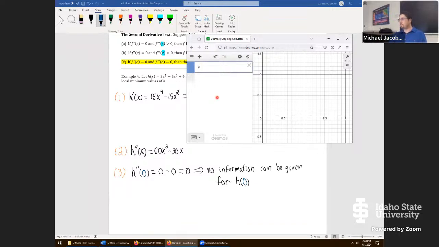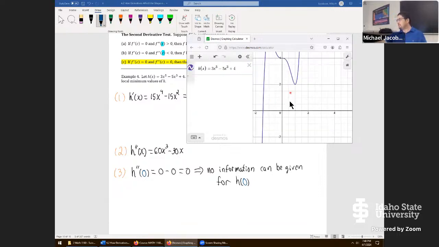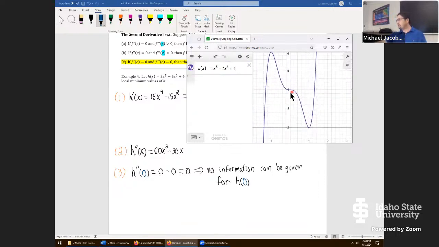So our function, h of x, we're putting in the original function, 3x to the power 5 minus 5x to the power 3 plus 4. And right here at 0, that's our problem. That's neither minimum nor maximum. The function just keeps on decreasing.